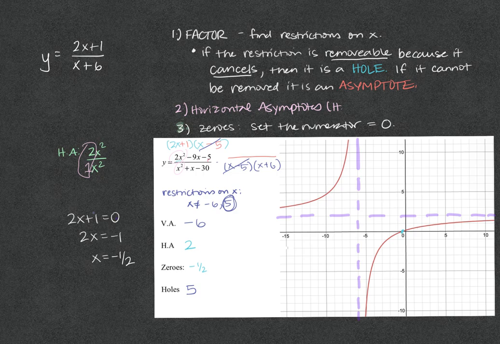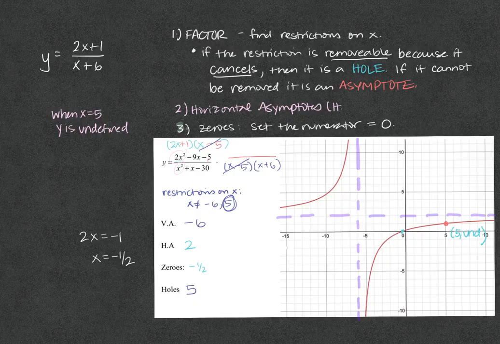So our last step is going to be, what do we do with these holes? So what does the hole mean? Well, if you graphed this in Desmos, and not 2x plus 1 over x plus 6, but the actual original function, if you traced it to where x is 5, the point that would come up would say 5 and undefined, meaning that there is a hole at that point.